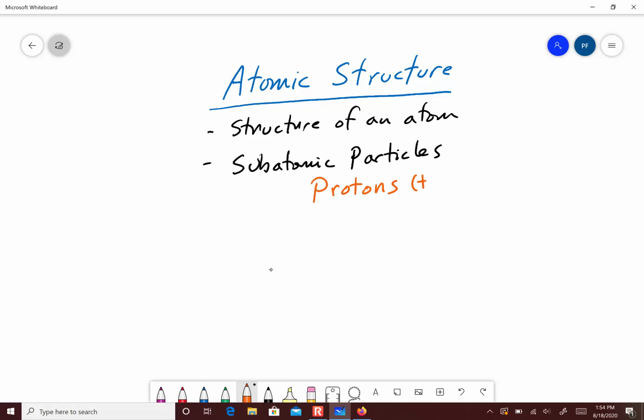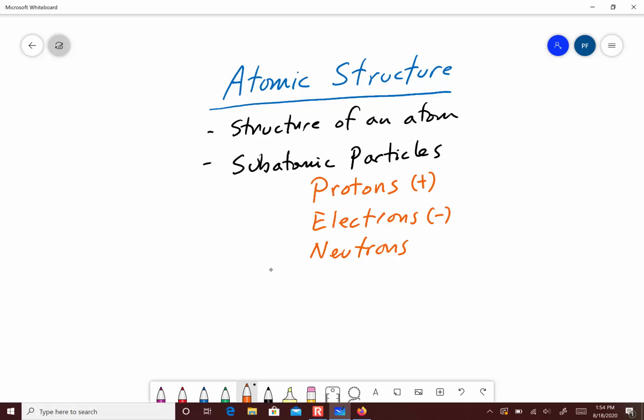Protons, which have a positive charge. Electrons, which have a negative charge. And neutrons, which have no charge. They are neutral. All right, so these are our subatomic particles.